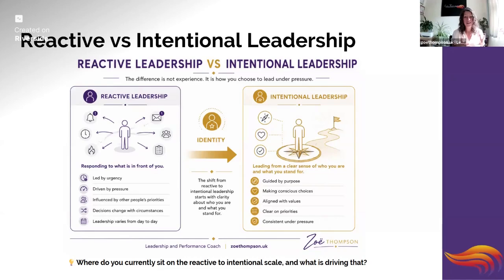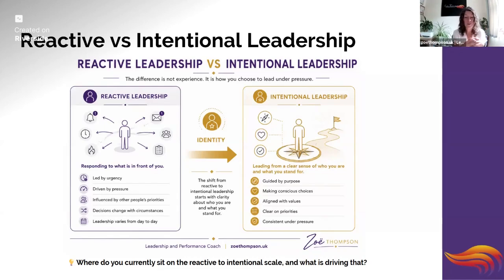And that starts with the clarity, who you are and what you stand for. When you lead intentionally, when you lead with purpose, when you fully step into intentional leadership, you are guided by purpose. You are making conscious choices rather than those knee-jerk reactions. So it's a very conscious response rather than an emotionally reactive reaction.